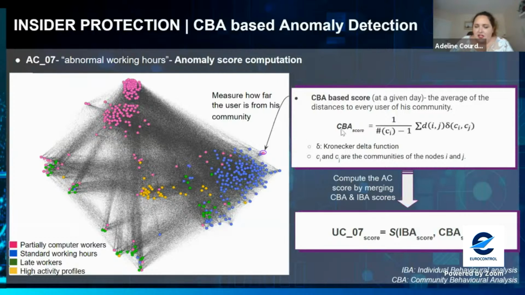And with this calculation, we aggregate with the normal behavior of the user. We calculate a score for what we call the UC7. So it's really abnormal working hours. Sorry for the number. It's all code. Well, this represents one of our detection rules, and all those detection rules, as I said, will be aggregated to provide a key trust indicator.